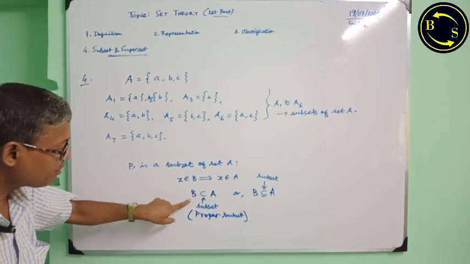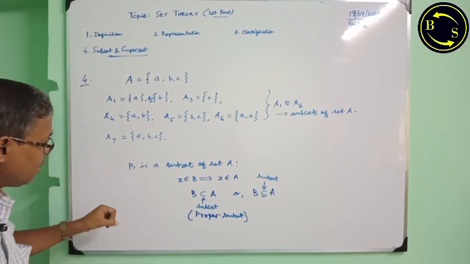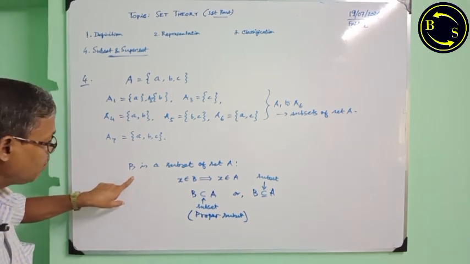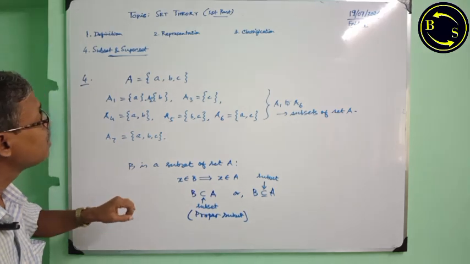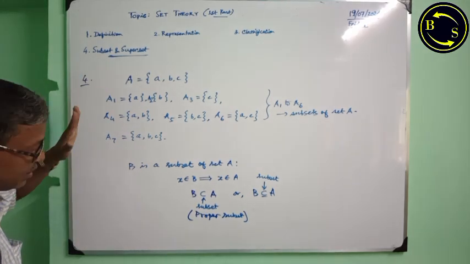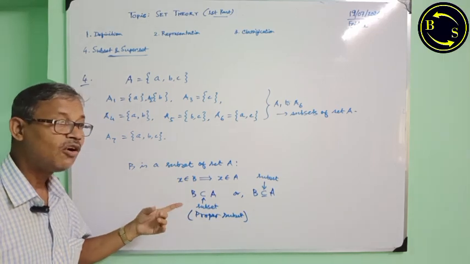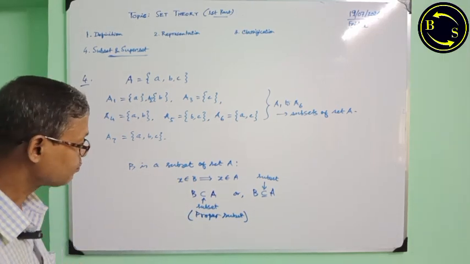In case of proper subset, this set B must have at least one member less than the number of members of the original set. Then we treat that as proper subset of the given set.